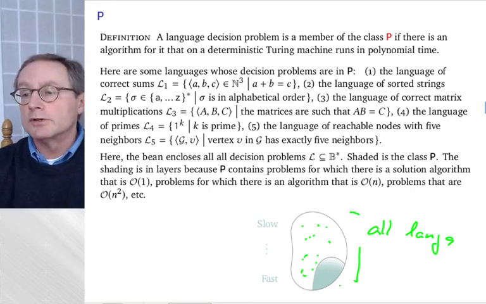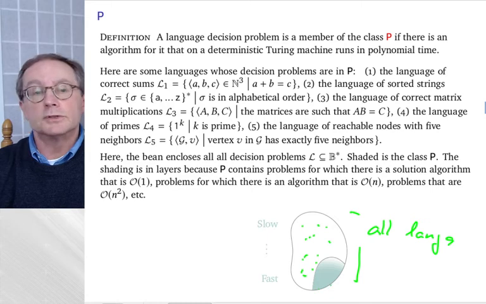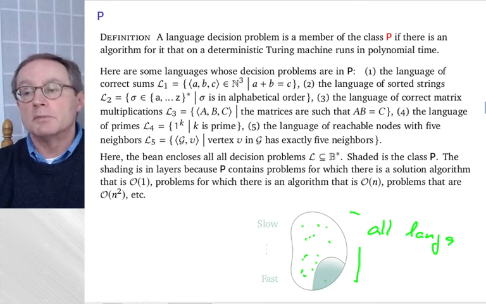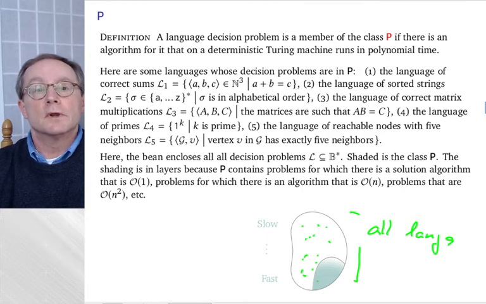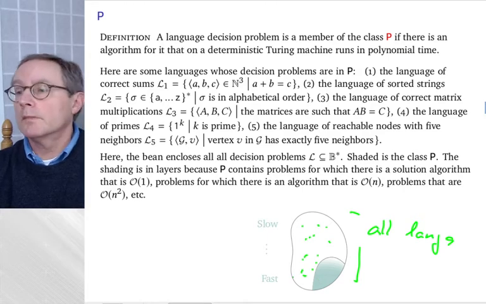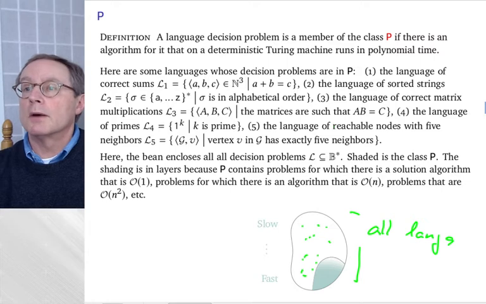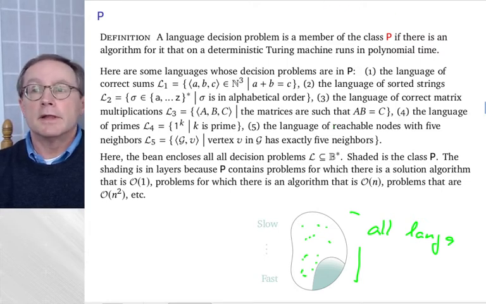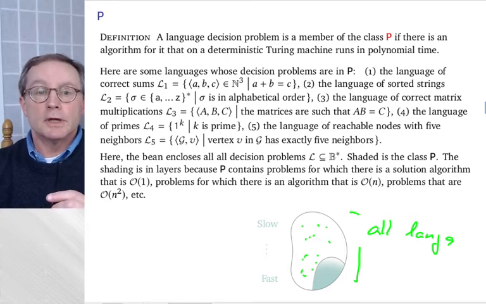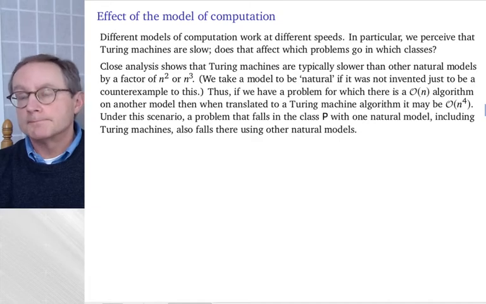But still, these are in some sense the fast problems. You can solve them in polynomial time, and Cobham's thesis is that these are the fast problems. Okay? So these are the problems for which there exists an algorithm that returns in polynomial time on the input.